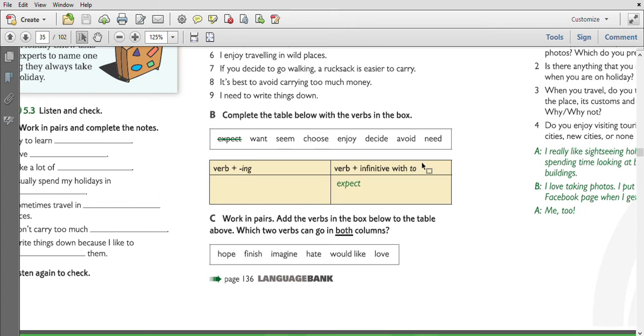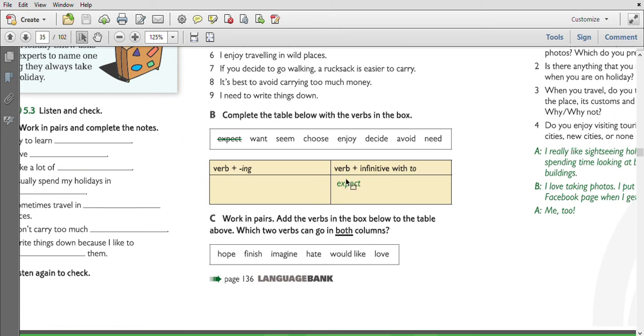After that we have hate, we will add to verb plus infinitive with to. Would like, we will add to verb plus infinitive with to. And the last, love, we have already mentioned that it could be added to both of them.